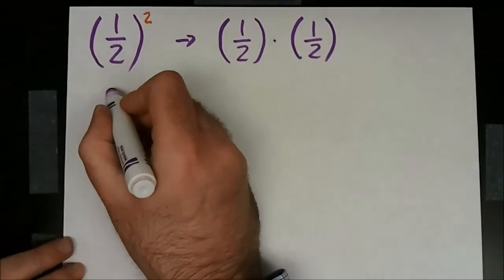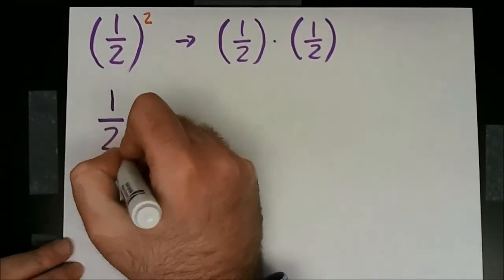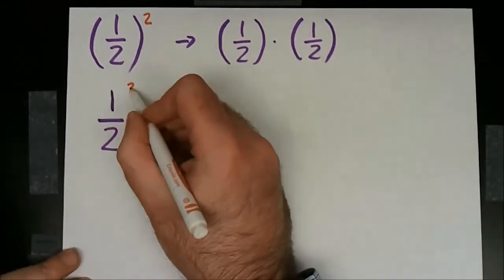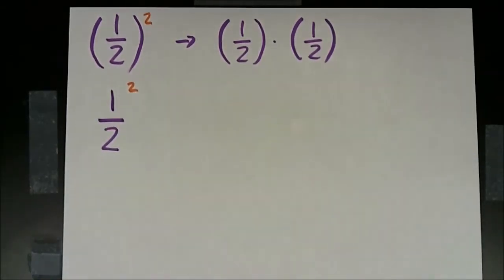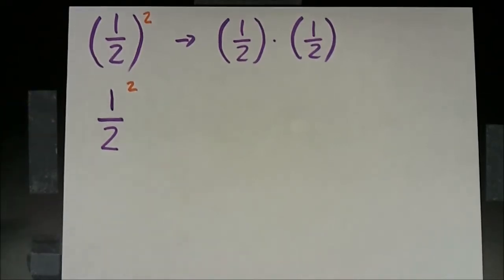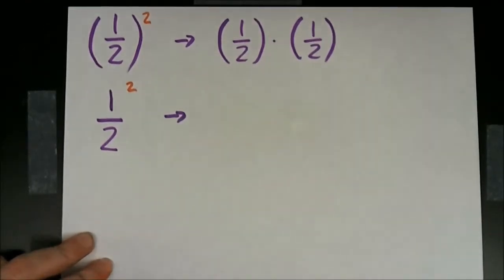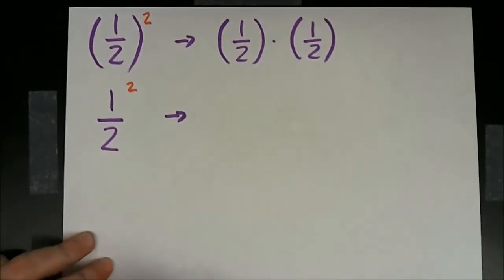If I were to write this differently, like that, then as far as the exponent is concerned, the base is just 1. So if I were to now work this out, and again, this is a very big deal here because it's an easy mistake to make.